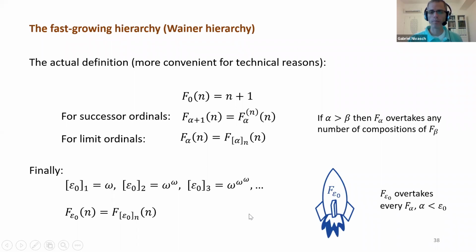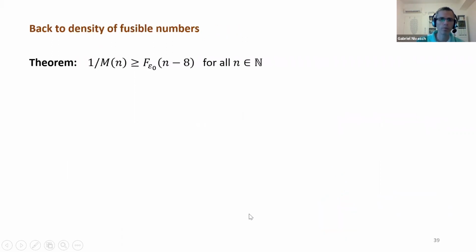And so f epsilon 0 is a tremendously fast-growing function because it overtakes f alpha for any smaller ordinal alpha. Okay, and what we prove is that this 1 over M of n, which we talked about before, the inverse density, or the density, it actually grows to infinity like f epsilon 0. Okay, and I'm not going to get into the details of the proof too much.